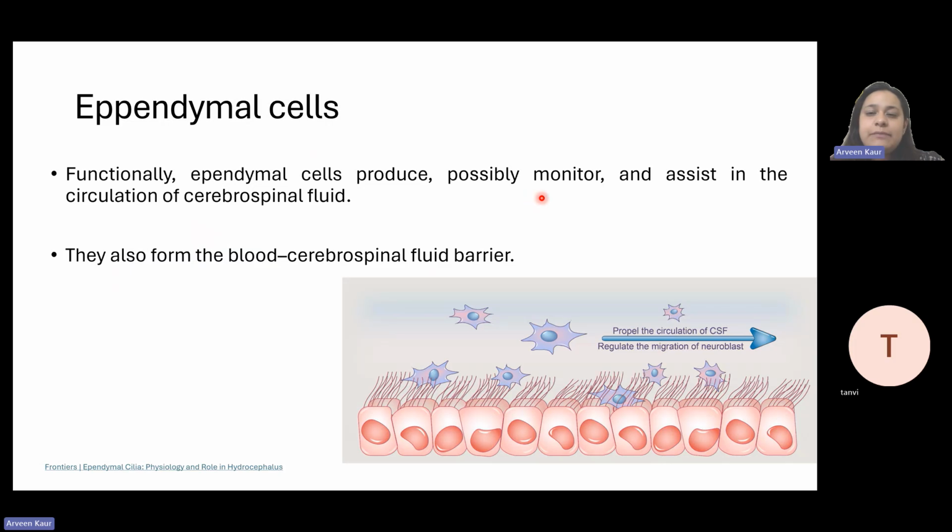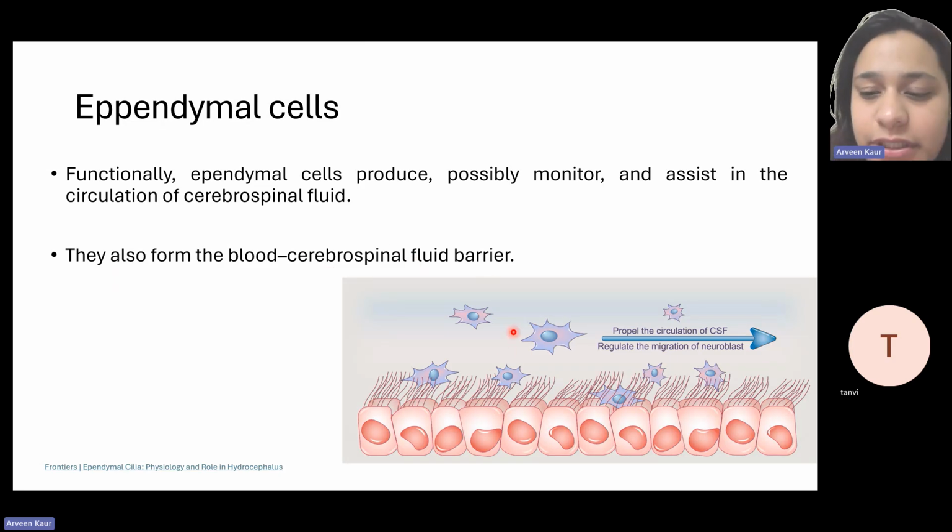Functionally they produce, possibly monitor, and assist in circulation of cerebrospinal fluid. So they are producing cerebrospinal fluid, and they are also helping it circulate because of the presence of the villi and the cilia. They are also responsible for forming the blood cerebrospinal fluid barrier, right? That is what they are doing.